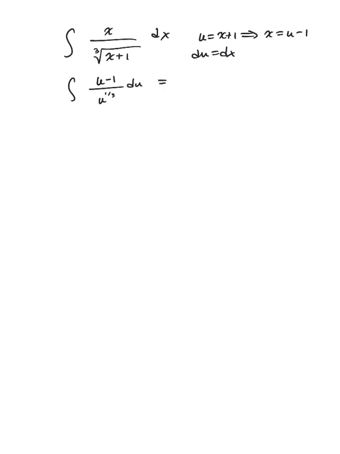So now we split it up. Hard problem, right? So we have u to the 2/3, I haven't done any calculus yet, minus u to the negative 1/3 du. Okay, bump it up.